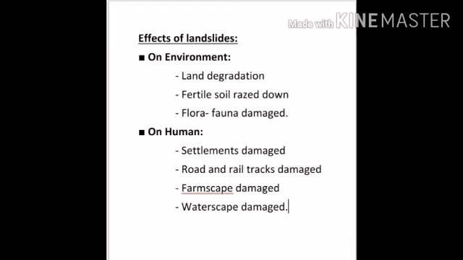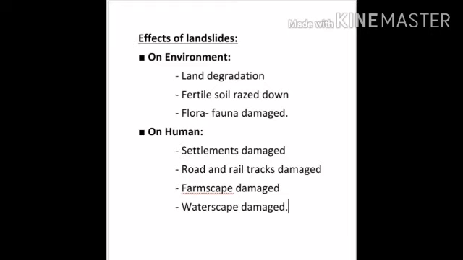Now first we'll discuss the environmental effects. First is land degradation. The land which slips or comes down is degraded. Degraded means its quality of growing forest vegetation and grasses comes down, and it rolls down and is deposited at the foothills of mountains.